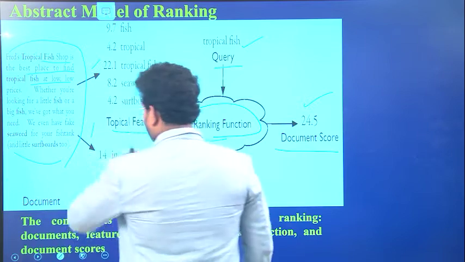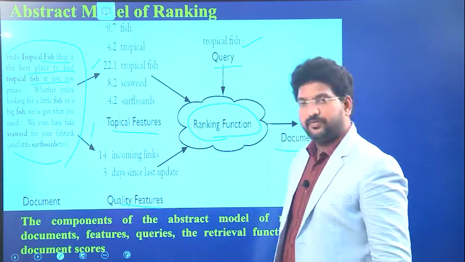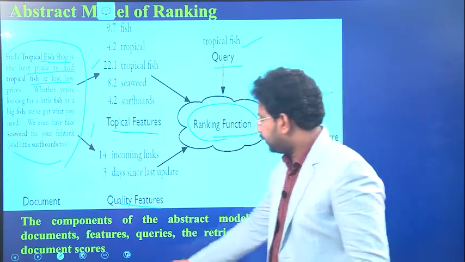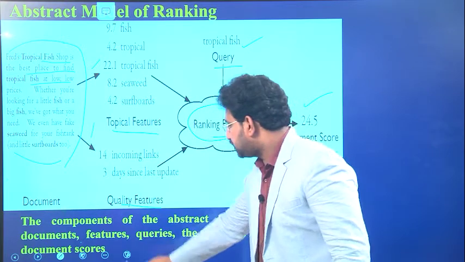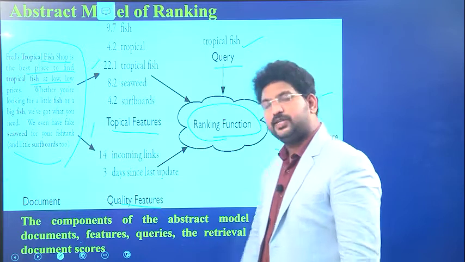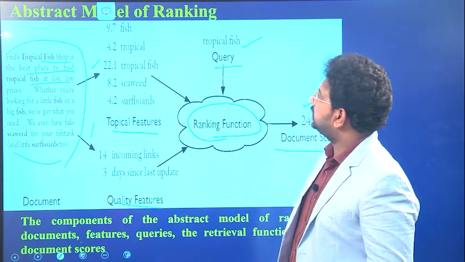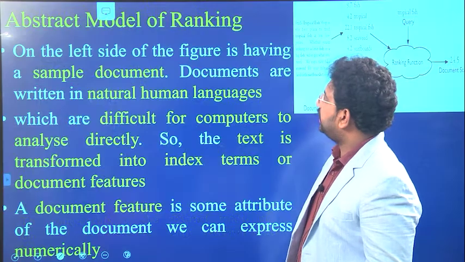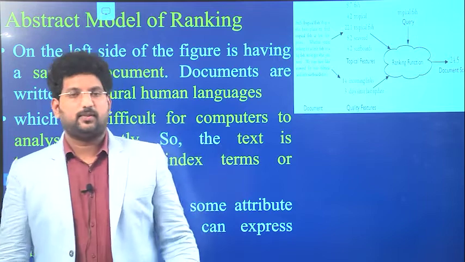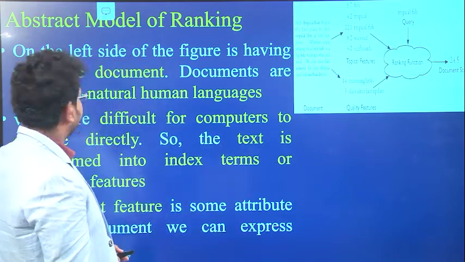As part of this abstract model of ranking, you find the components: documents, features, queries, the retrieval function, and document scores. When we go into details of this abstract model of ranking, we will have a clear idea about what it is giving in a detailed manner.